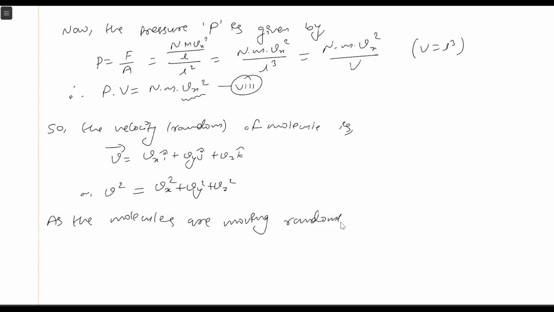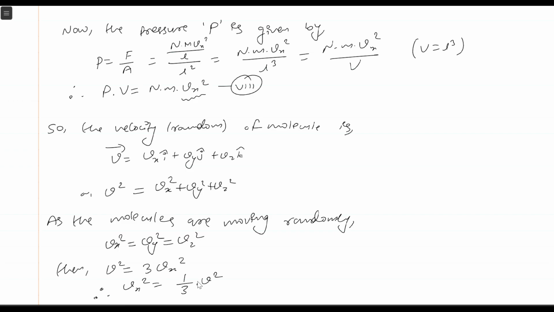So we can consider Vx square is equal to Vy square is equal to Vz square. If you put the value of Vy square and Vz square in terms of Vx square over here, then what do we get? V square is equal to 3Vx square. Therefore, Vx square is equal to 1 by 3 into V square.